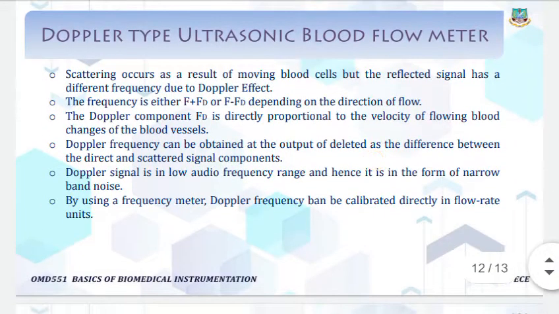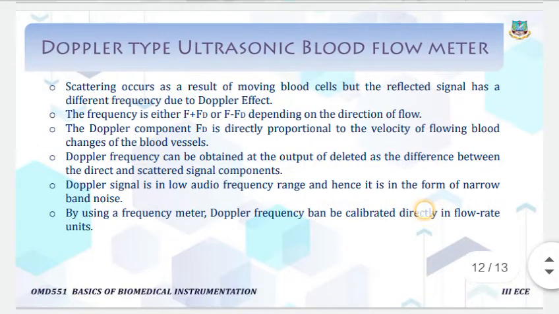The frequency is either f plus fd or f minus fd depending on the direction of the flow. The Doppler component fd is directly proportional to the velocity of the flowing blood.